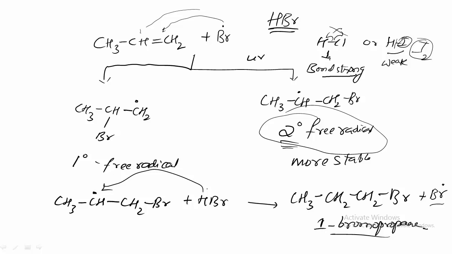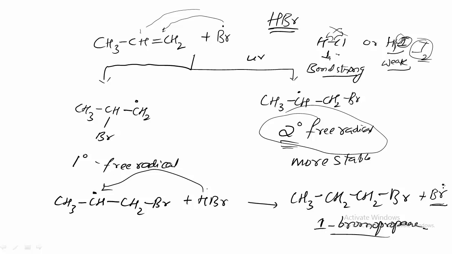So one is strong bond, therefore it will not undergo cleavage to form free radical. Another one is very weak, so that if the bond is broken, immediately I atoms will react with each other to form iodine molecules. So in this type, here you can observe Br dot is formed. That kind of Br dot is not obtained in case of HCl or HI.